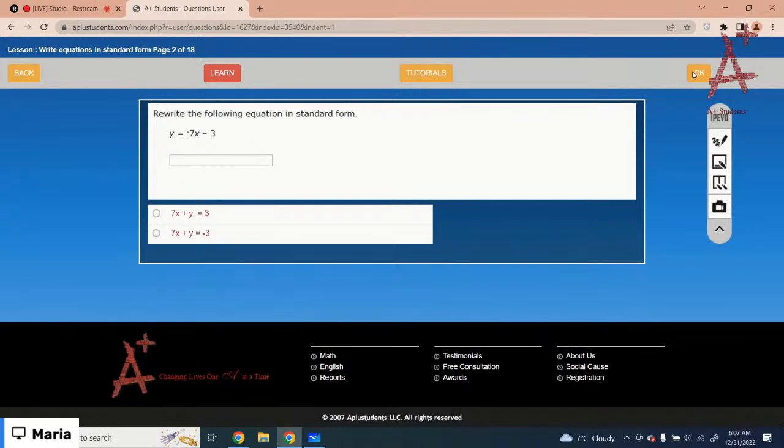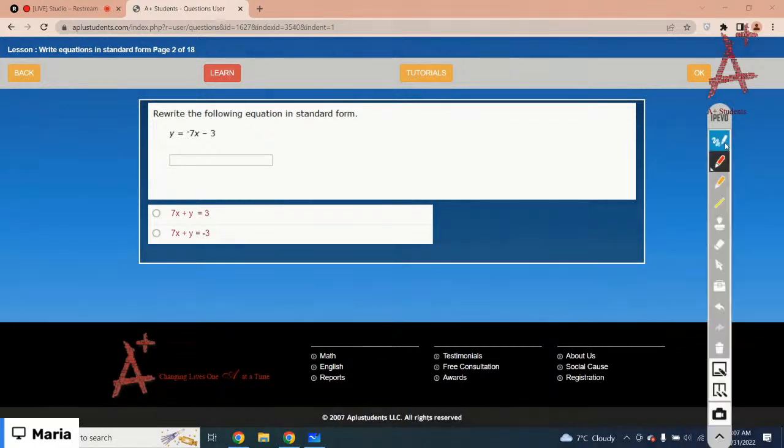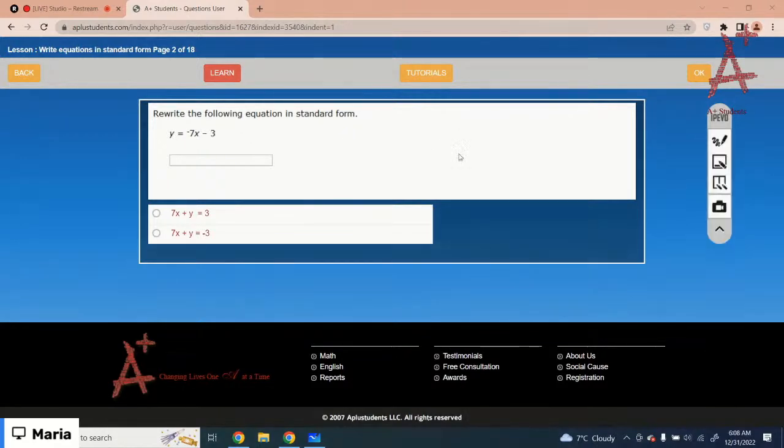You have to write the x and y variables on the same side and the coefficient on the other side. So you have to move that 7x to the other side. It would be 7x plus y equals negative 3. Got it? So option number 2 is the correct option. So just select the correct option and click on the OK button.